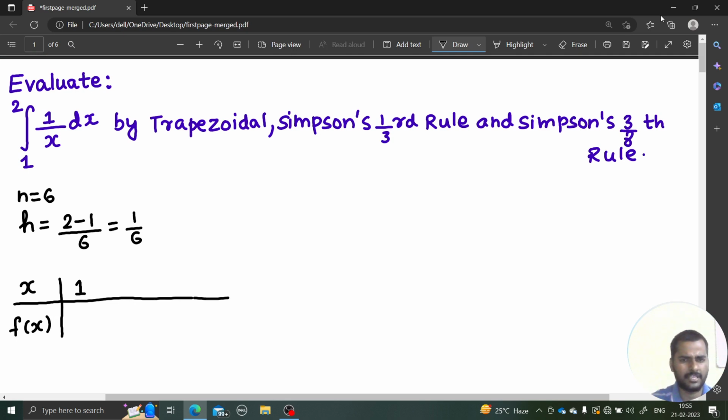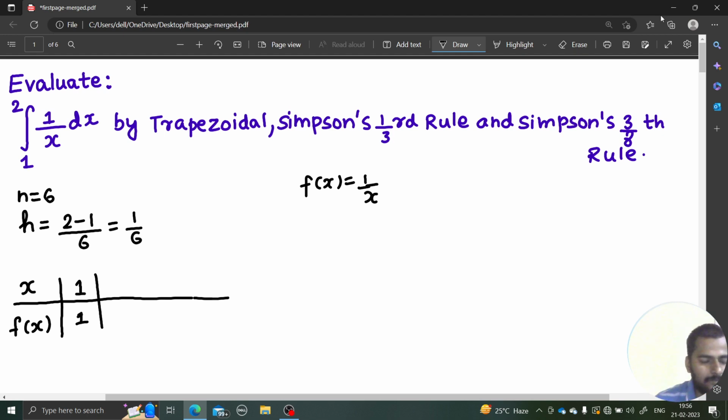Your function here is 1 by x. Now you will have to add 1 by 6 to the previous one till you get that 2. I think that will be 6 intervals.